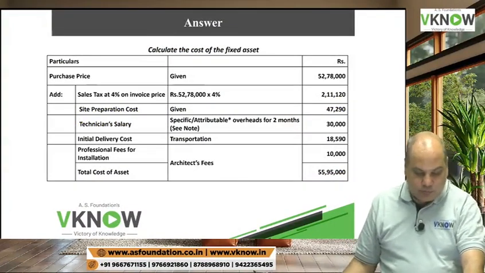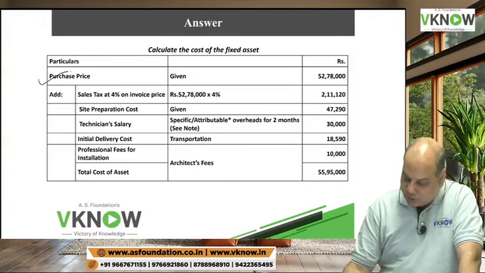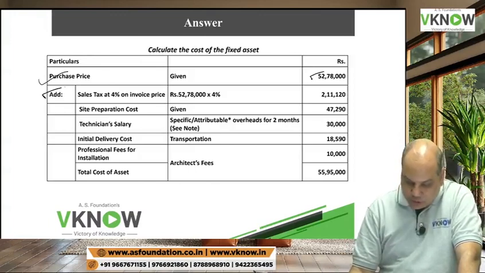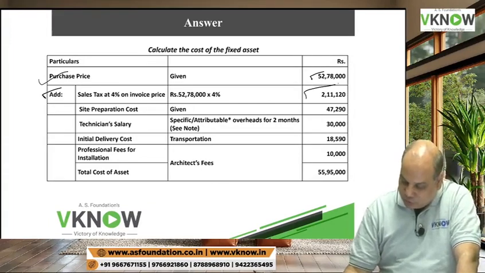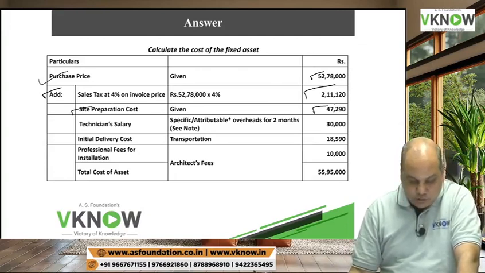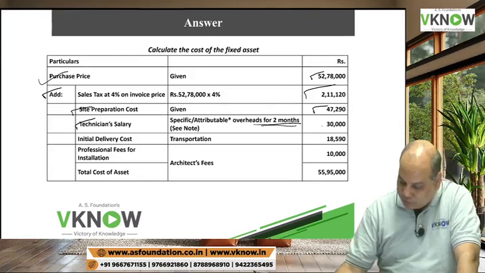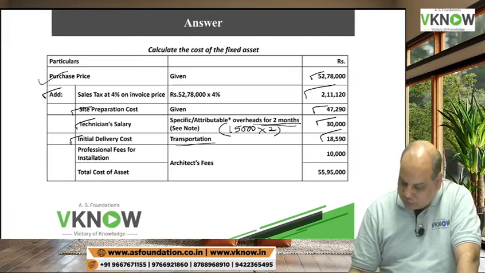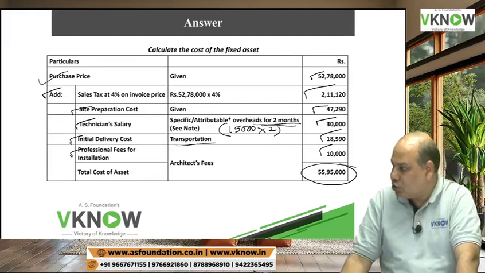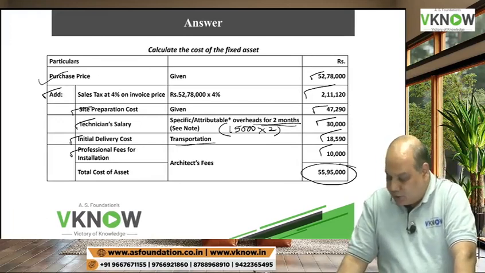So the answer is: purchase price, take the full amount, add sales tax, 211,120; site preparation cost 47,290; technician salary only for 2 months, so we take 15,000 into 2, 30,000; initial delivery cost 18,590; professional fees for architect 10,000. Only tell me whether this total is right. 5,595,000.